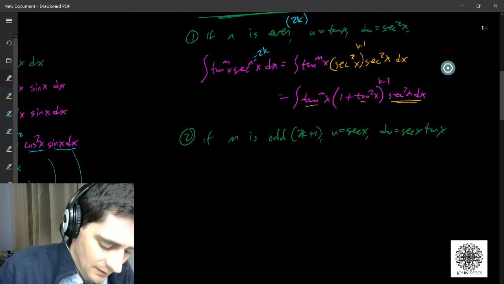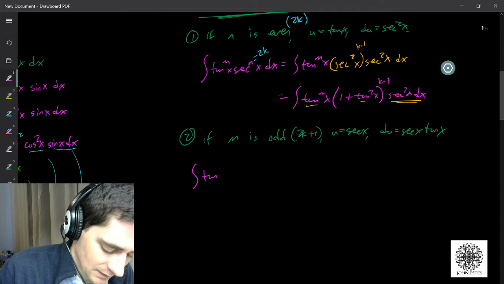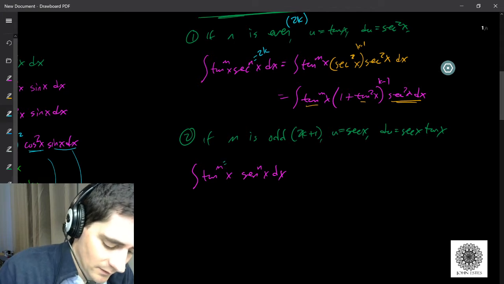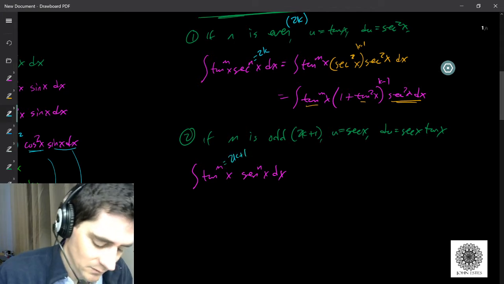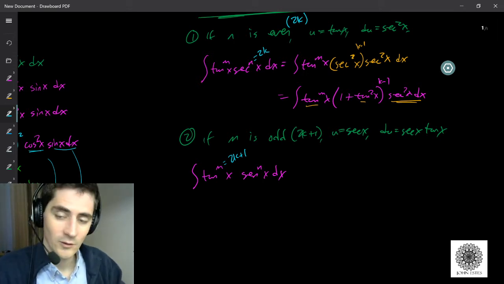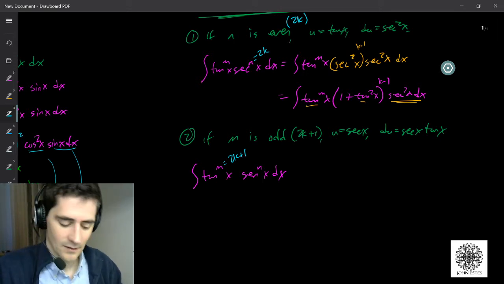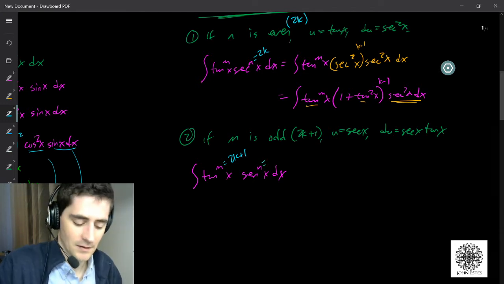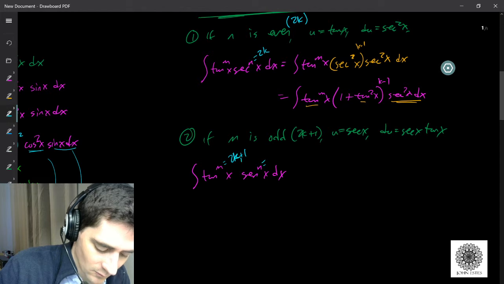Again, we have tangent m x secant to the n x dx. Here my m is odd, so I have 2k plus 1. And in this case, think about it: if part 1 failed, then here n is also 2k plus 1 for a different k. So let's say 2k1 plus 1 and 2k2 plus 1.